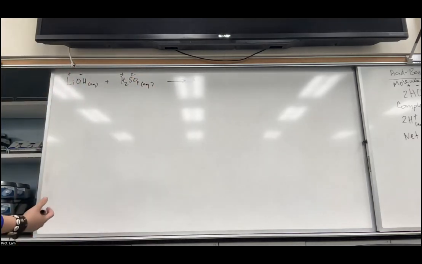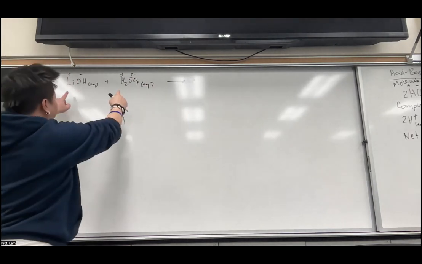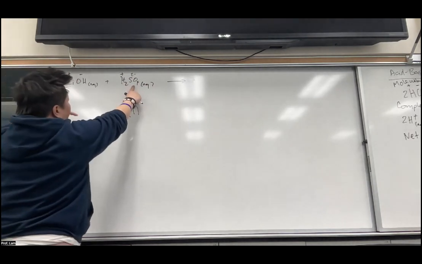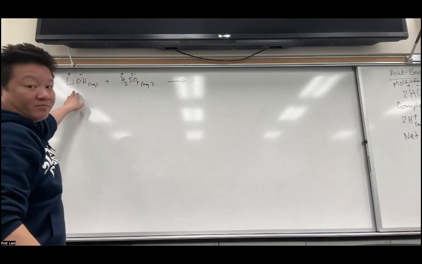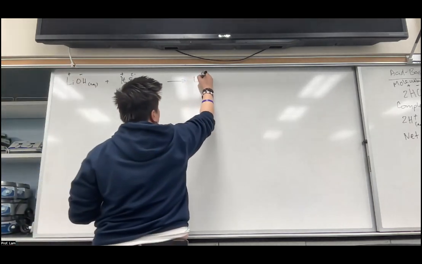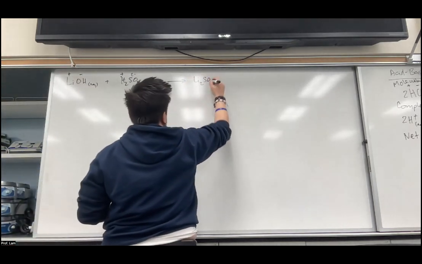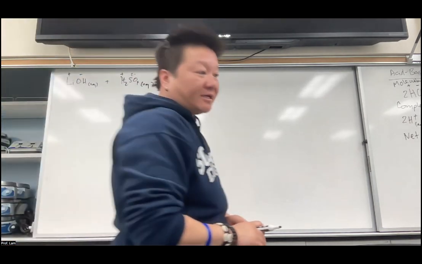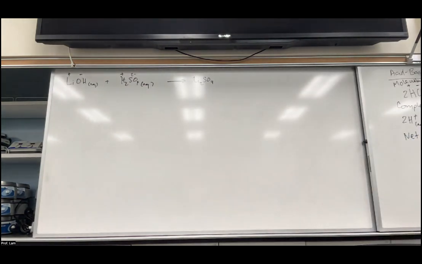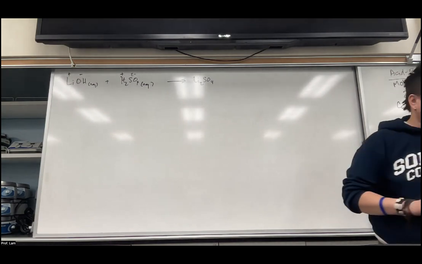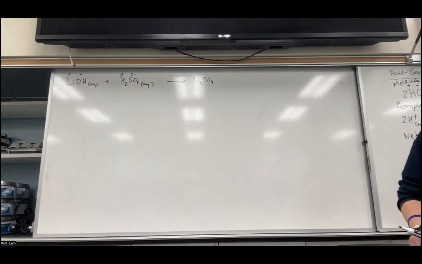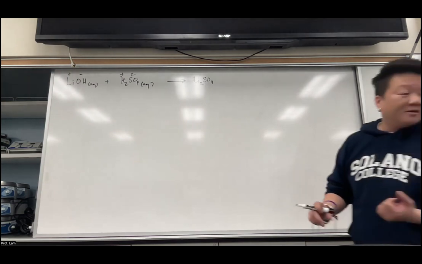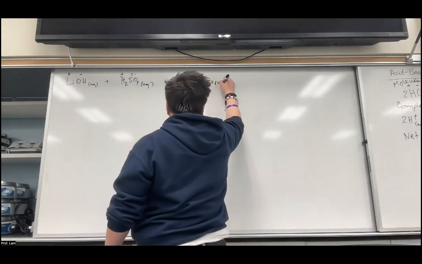Now doesn't that just look easier to do? We have a plus here and a 2 minus here. That means I need 2 lithiums, so Li2SO4. Now I have to look at my chart to see if that is soluble or not. It's a sulfate. Sulfates are generally soluble, and there are no exceptions for lithium, so aqueous.